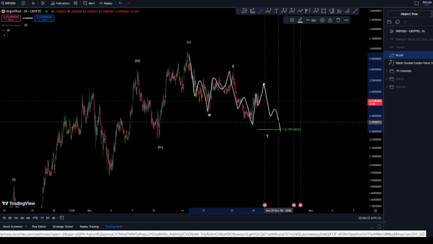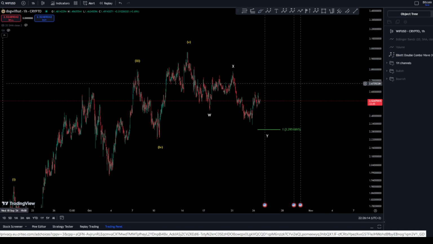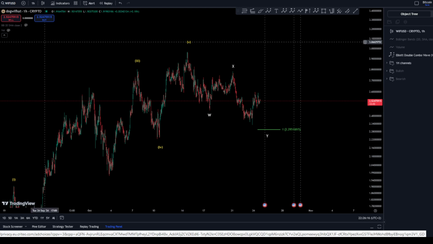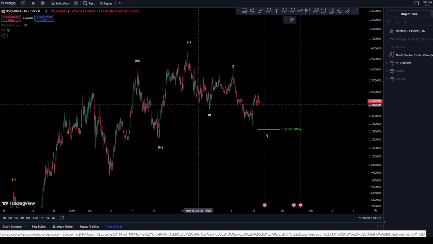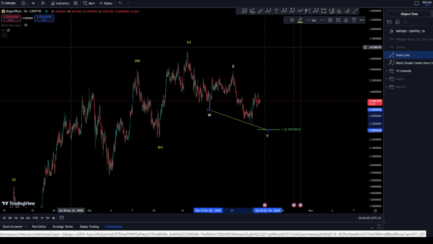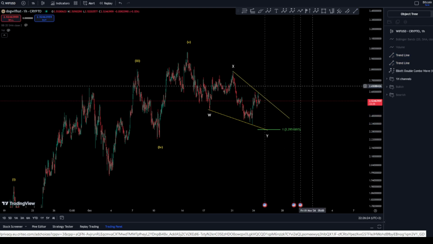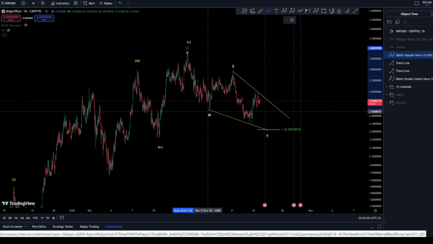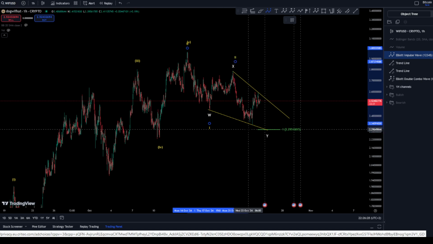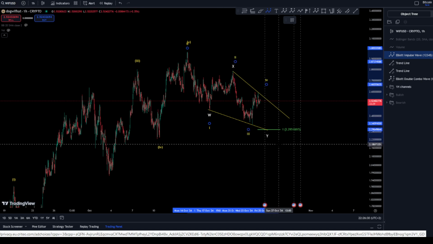So the bearish scenario here is, let's lay down all the possibilities, guys, and this is what we are doing always, right? If we are also bearish, you are looking at a possible contracting diagonal towards the downside.